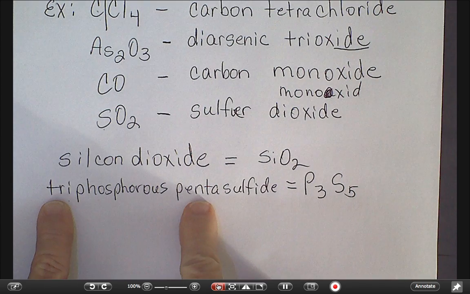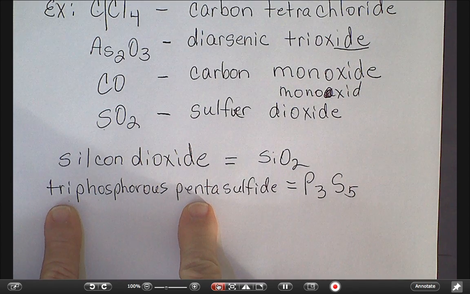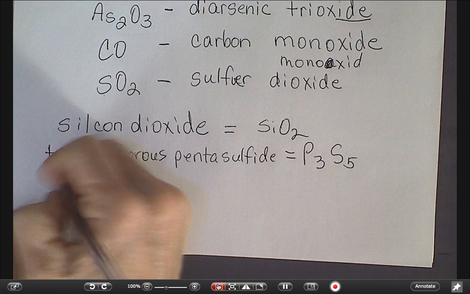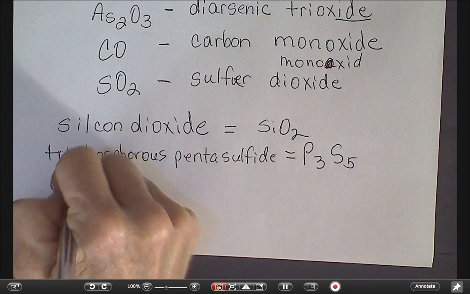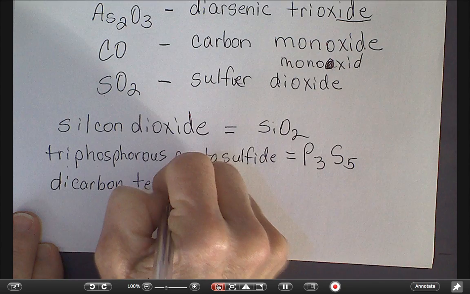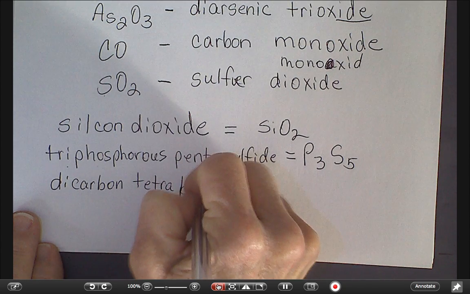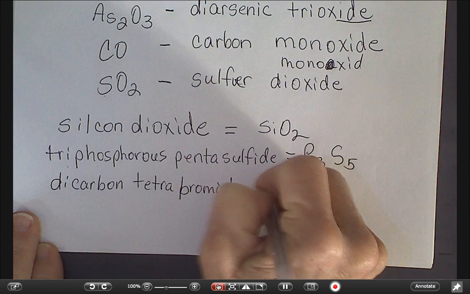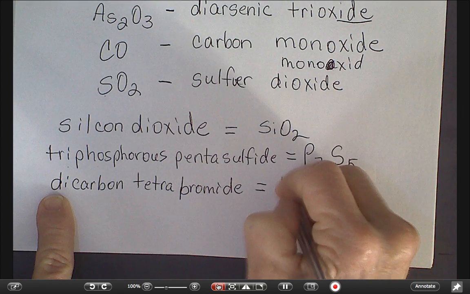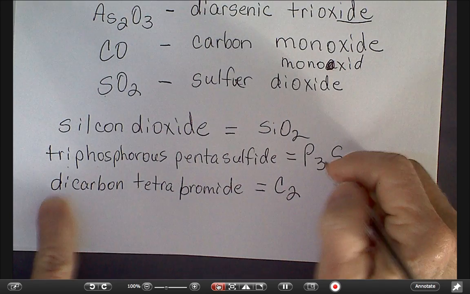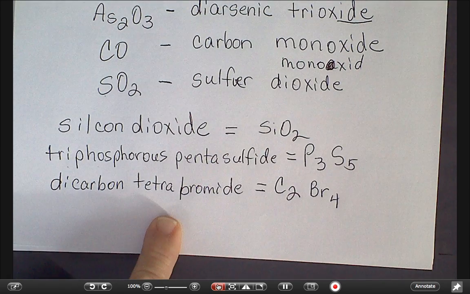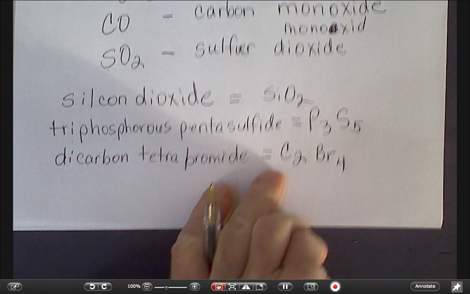The formula is based off of the prefixes. Does everybody see that? Yes. Dicarbon tetrabromide. Di means how many? C2Br4. Did I tell you you were going to like this one?